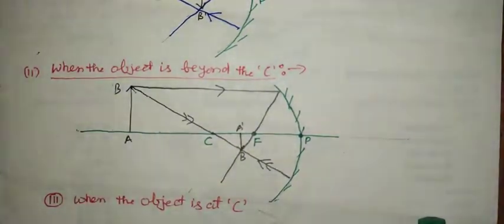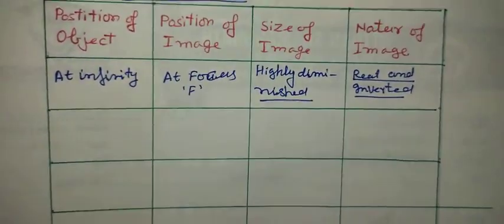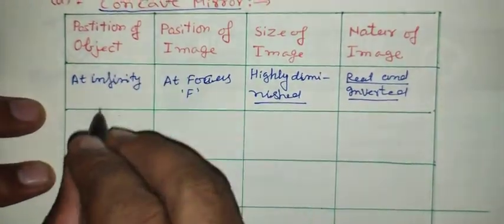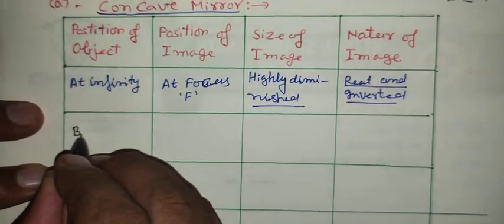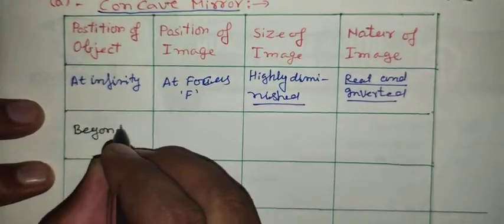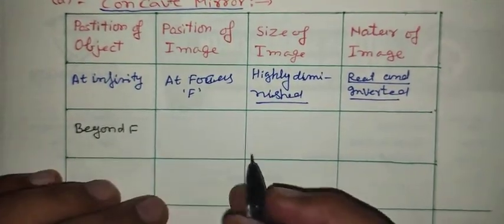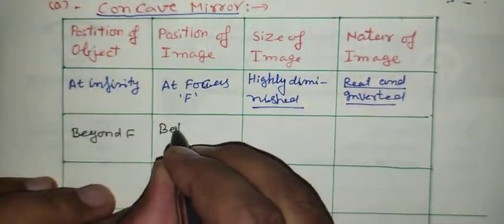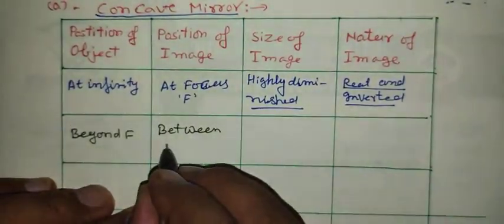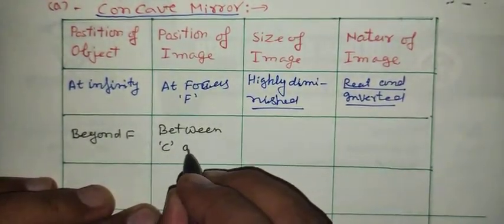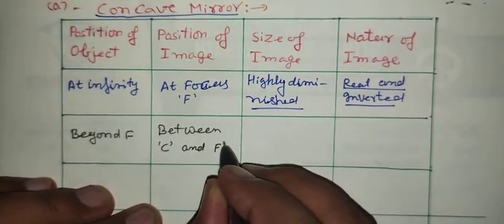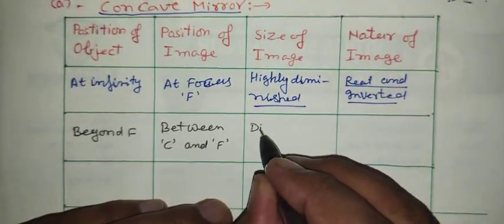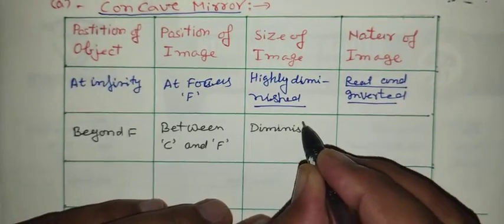So if one wants to write its details here for the second case, one may write the position of object is beyond C, position of image is between center of curvature C and focal point F. Small in size means this is called diminished.